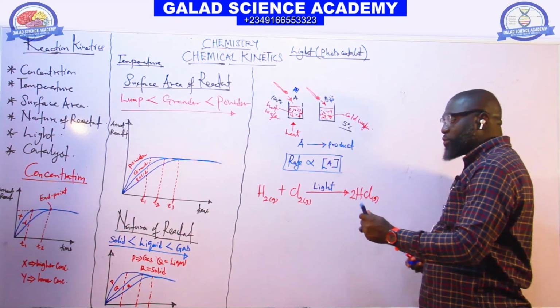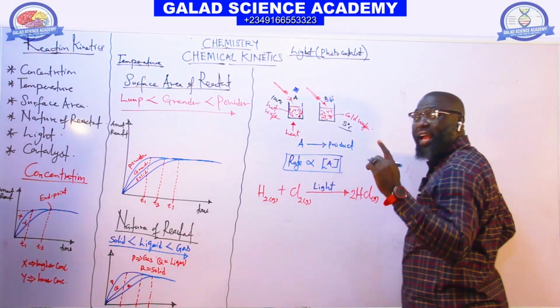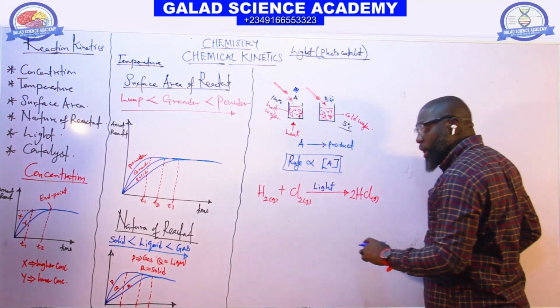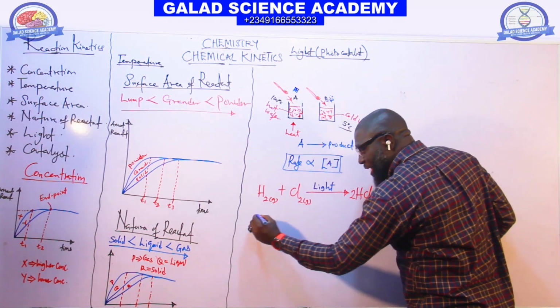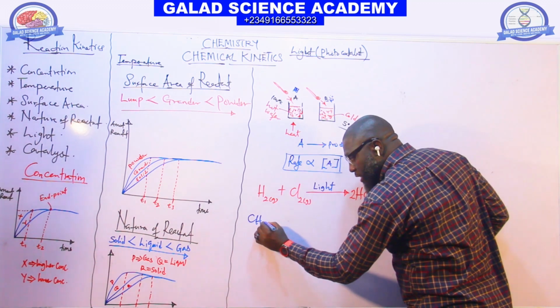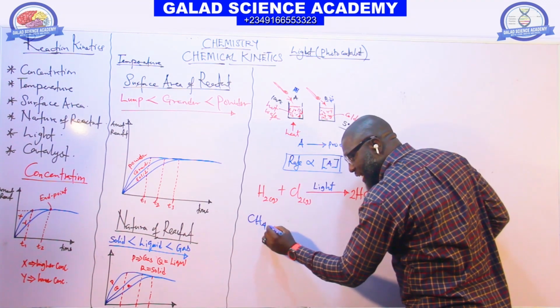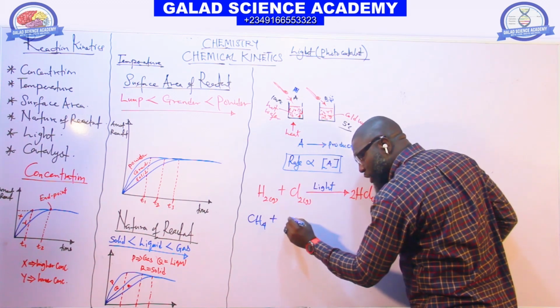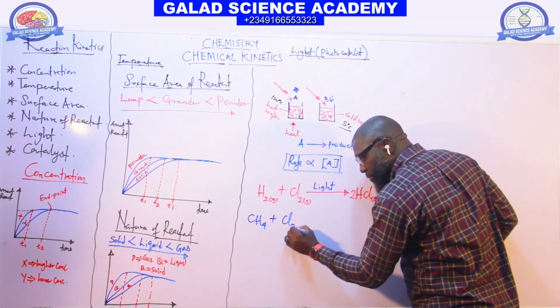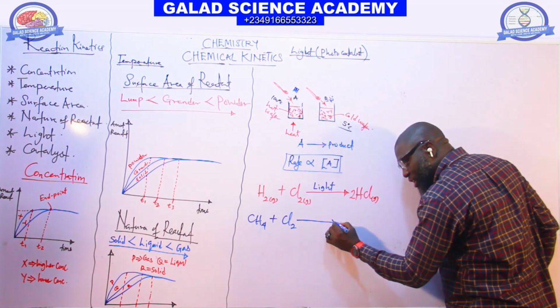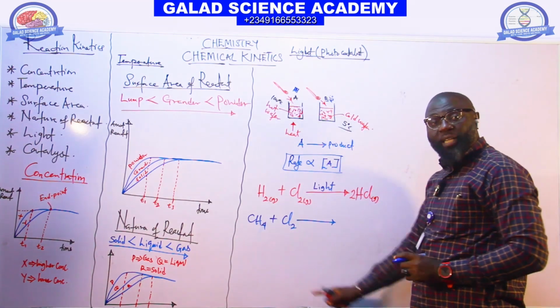And we can also have halogenation of alkane. By taking CH4, methane, the first member of alkane, methane gas reacts with halogen. Let me use chlorine. This reaction is also slow in the absence of light.